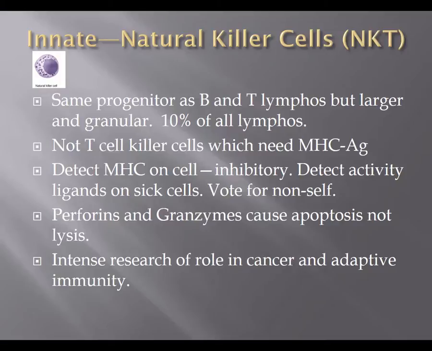They also detect activating ligands, which are found on most sick cells, and this receptor says kill the cell. So killing is decided by a vote of which of these two receptors predominates. And just like T cells, they perforate and inject granzymes to kill the cell by apoptosis.